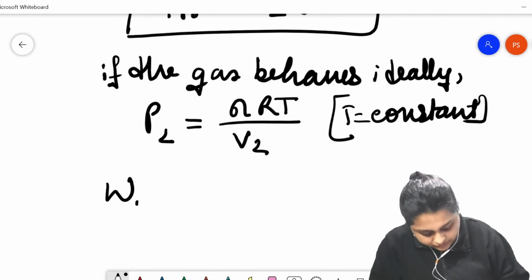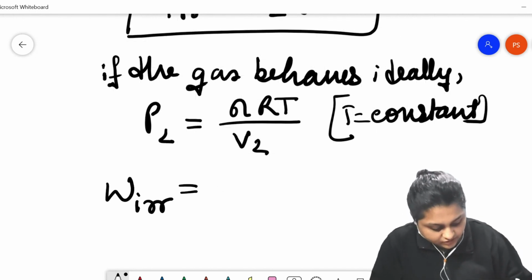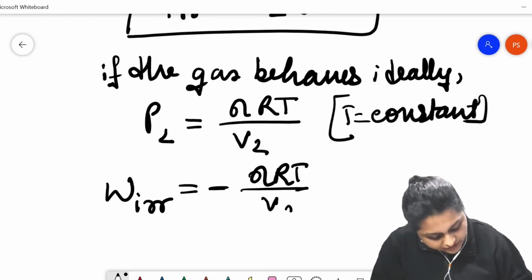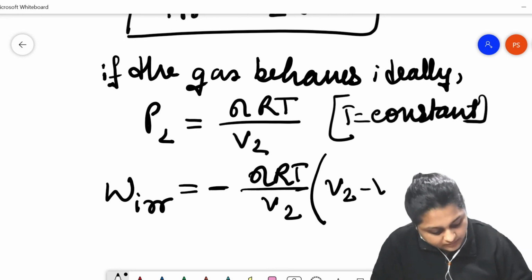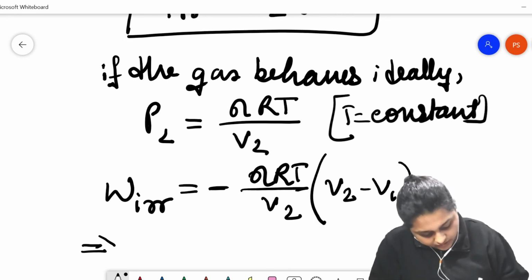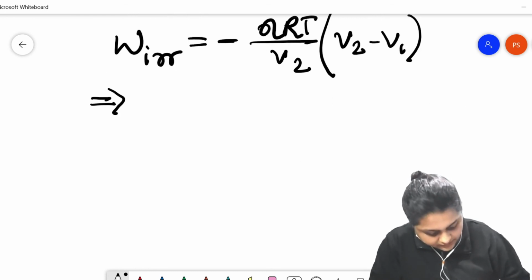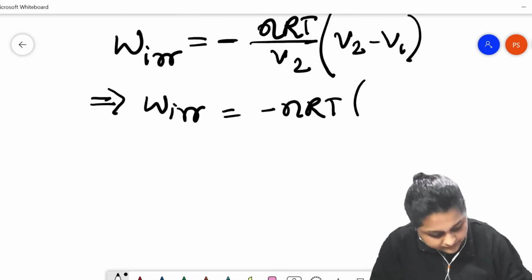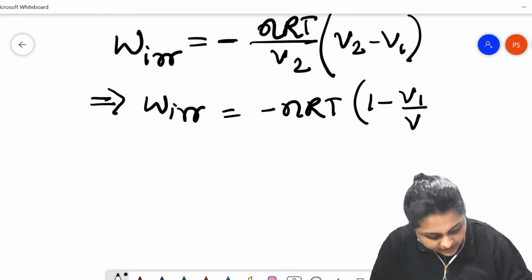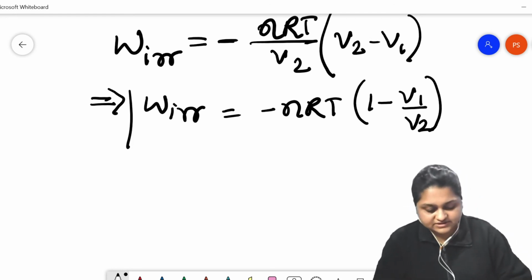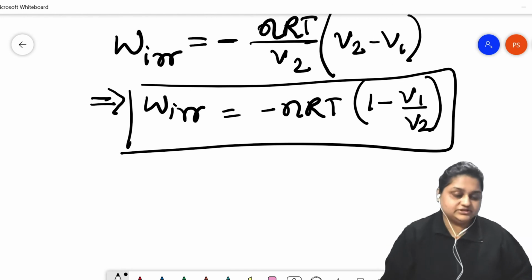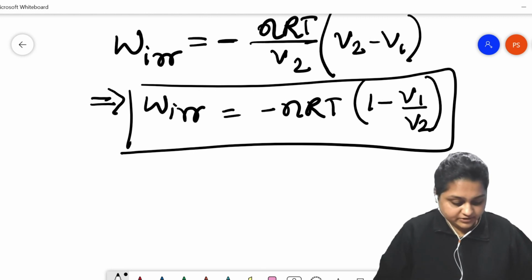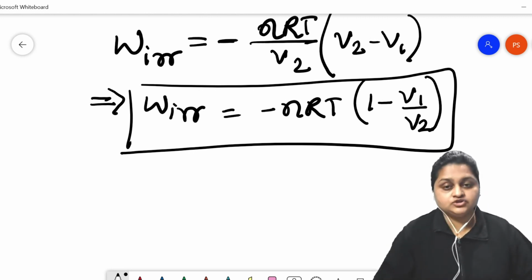We can write W irreversible equals minus of nRT by V2 whole into V2 minus V1, or W irreversible equals minus nRT into 1 minus V1 by V2. This is another form of the work done by the system expression for an isothermal irreversible expansion for an ideal gas.